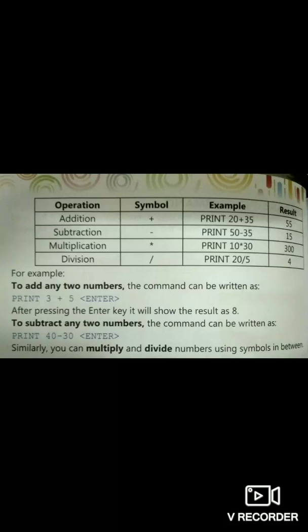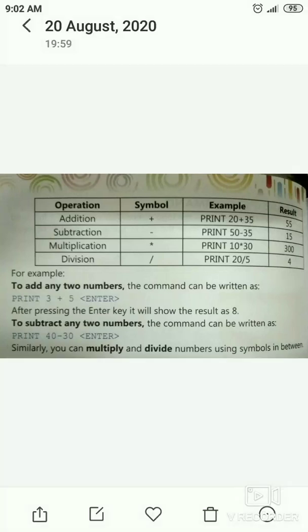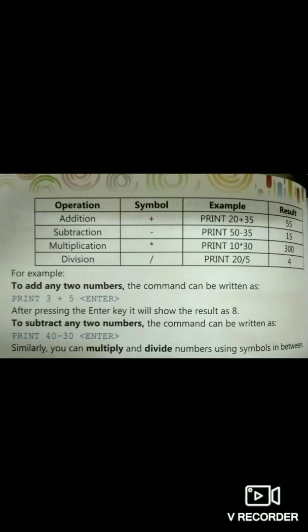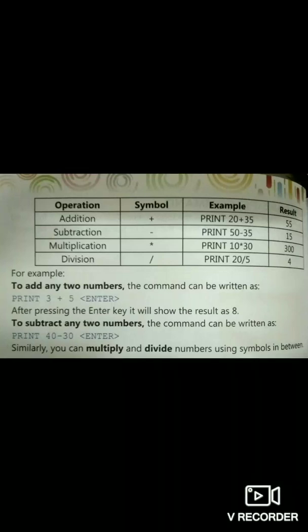For multiplication, print the numbers with the multiplication sign used in the computer between them. And for division, use the front slash between the divisor and dividend. So do it accordingly, solve the homework also and send it to me at my email ID before the next class.